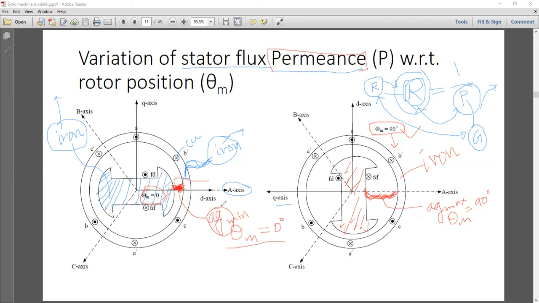Air gap is minimum here. Air gap is one sort of resistance for establishing flux. If you have core here and core here, in which case will the permeance be higher?